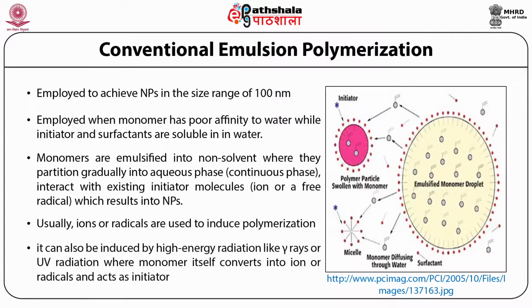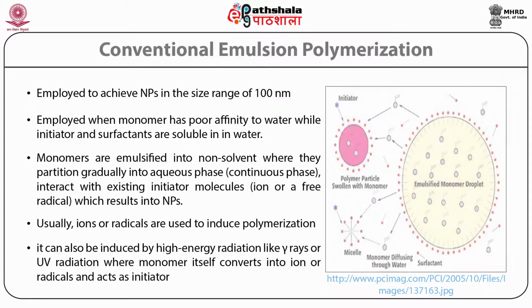However, it can also be induced by high energy radiation like gamma radiation, UV radiation, or even visible light, where the monomer itself converts into ions or radicals and acts as the initiator. Nanoparticle formation may happen before or on completion of polymerization.